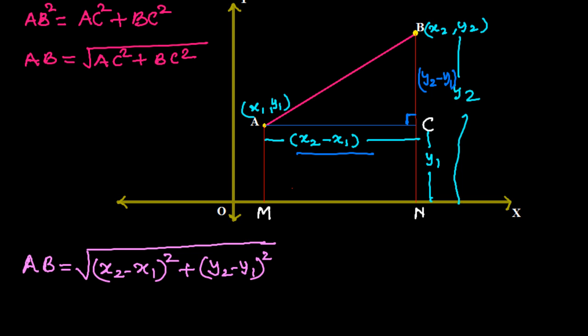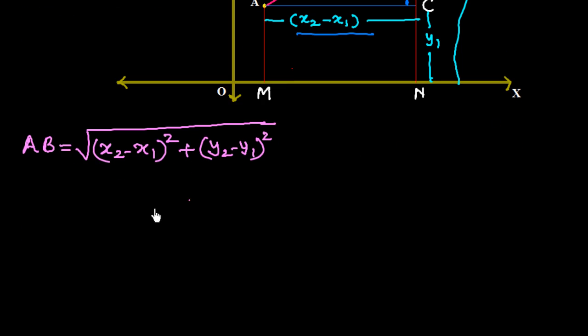Let us take one example. If we have 2 points given, point P is 3, 4 and point Q is 8, 6. Now we have to find the distance between these 2 points, that is PQ.